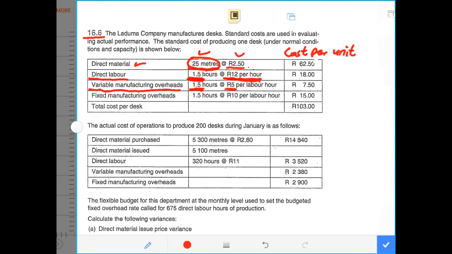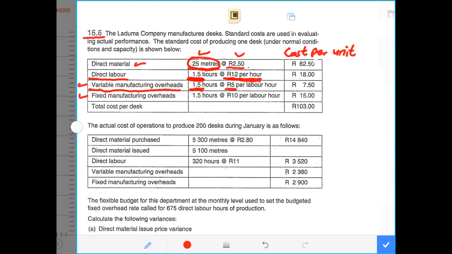And remember, once again, as I emphasized in the previous video, that variable manufacturing overheads and fixed manufacturing overheads are normally based on direct labor hours.